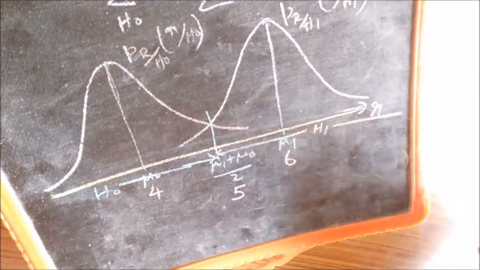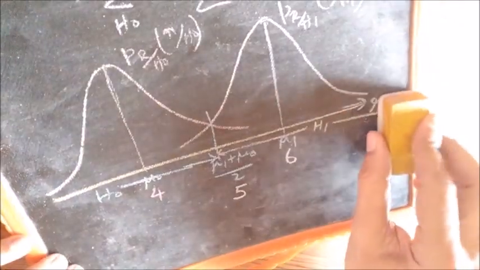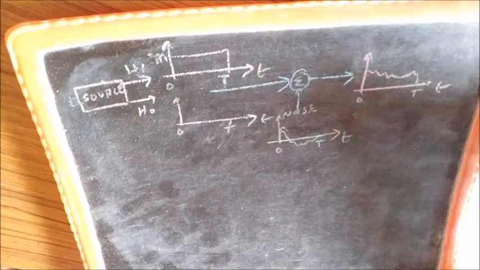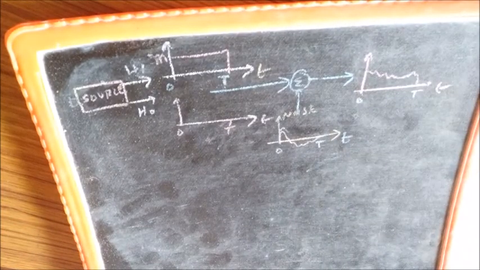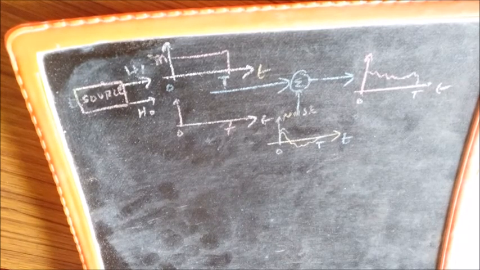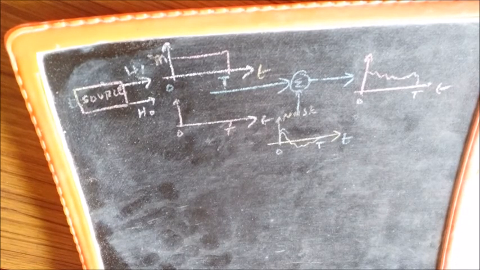Now we move on to a slightly more complicated example. Again, this is a binary hypothesis testing problem. We have a source which gives out one of two hypotheses, H1 or H0.